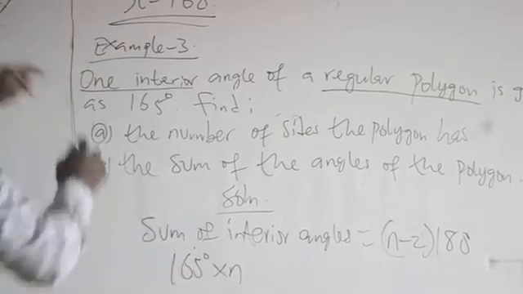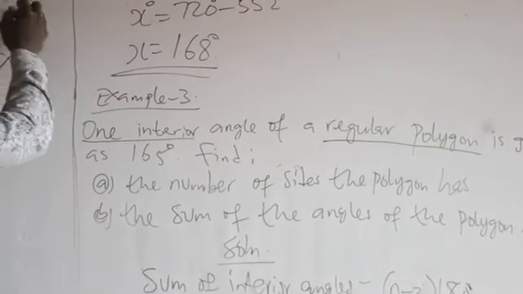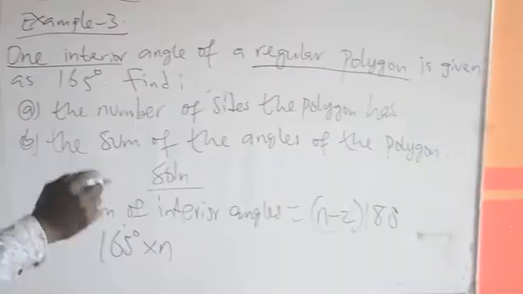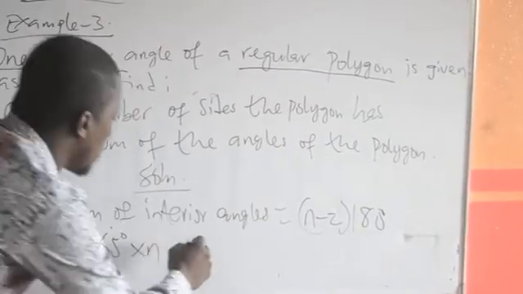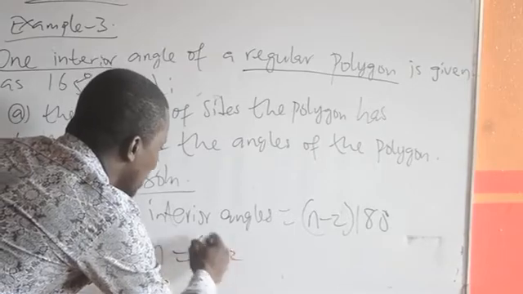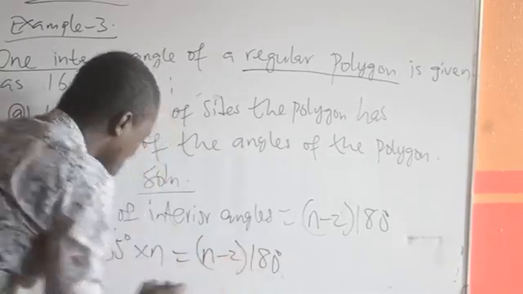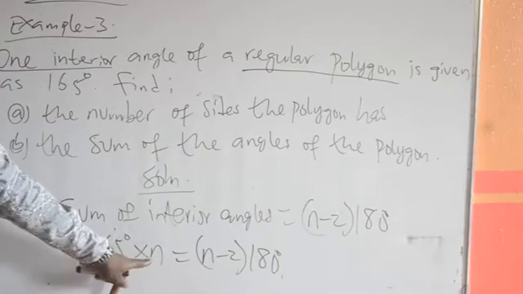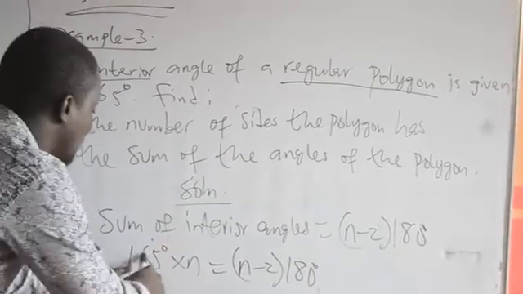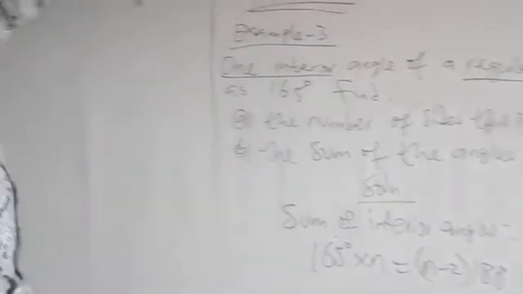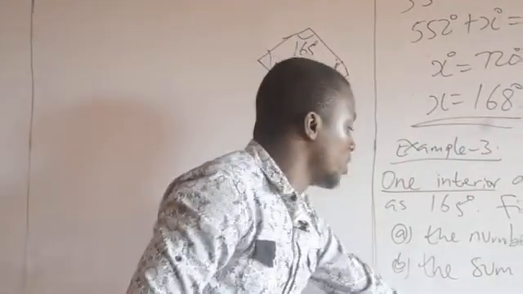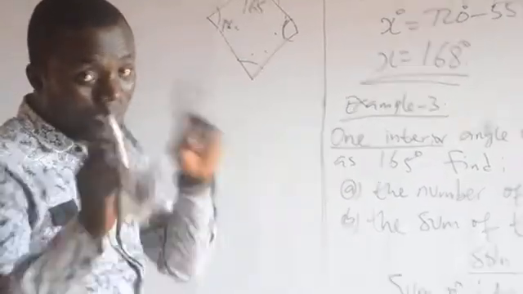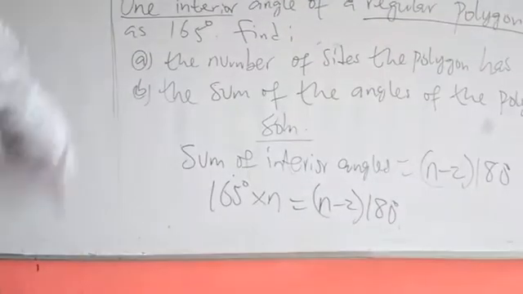This n means the other angles that are not mentioned could be 165, 165. I don't know how many there are. That's why I'm using n. So that equals n minus 2 bracket 180 degrees. Class, do you understand the reason why I wrote this n here? I multiply this 165 times n because the other angles are not given, and 165 is the same as all the interior angles. So we don't know n, and they want us to find that n. Alright. So what do we do here?